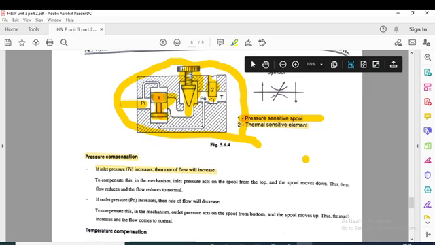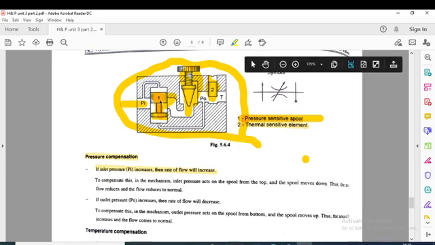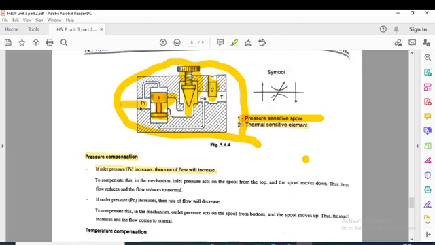To avoid this, we use a pressure compensated flow control valve. When the inlet pressure P1 increases, the inlet pressure acts on the spool from the top, and the spool moves down. Hence there is a flow reduction, and the flow reduces to normal.